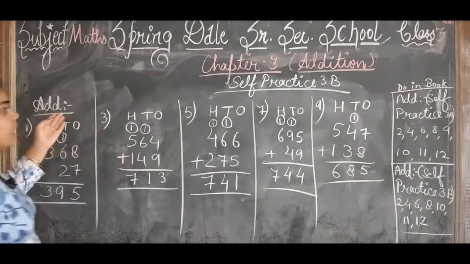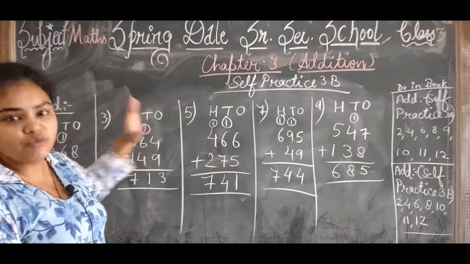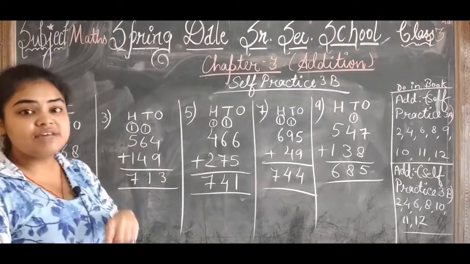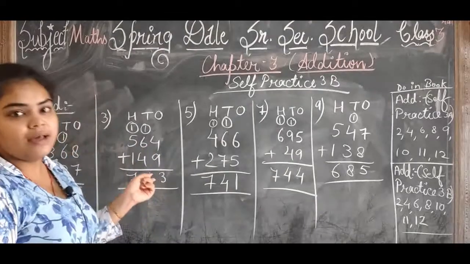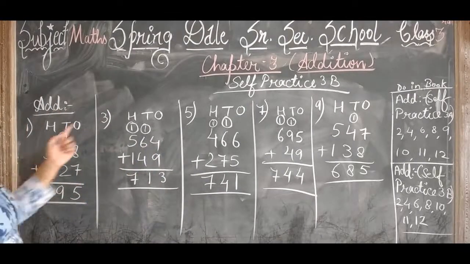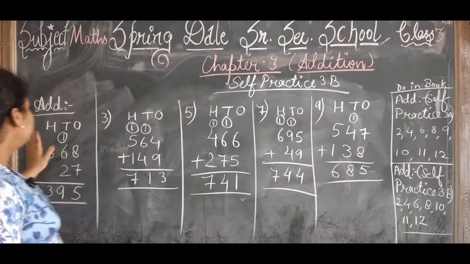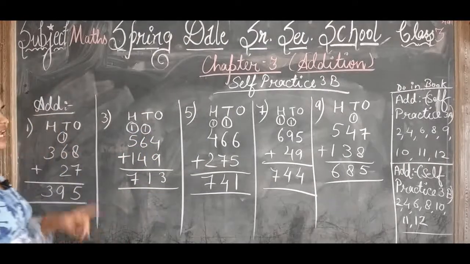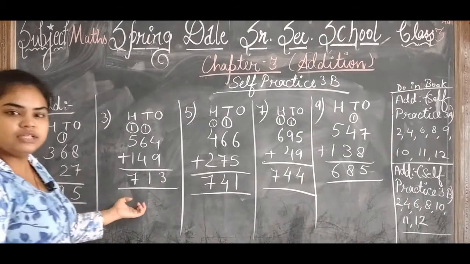In self practice 3A, some questions I have done on the board. You have to just write the answers and do it yourself and check the answers from the board. Okay. Next in the self practice 3B, you have to do these questions by yourself in your textbook. Then you have to just tally the answers that I have done for you.